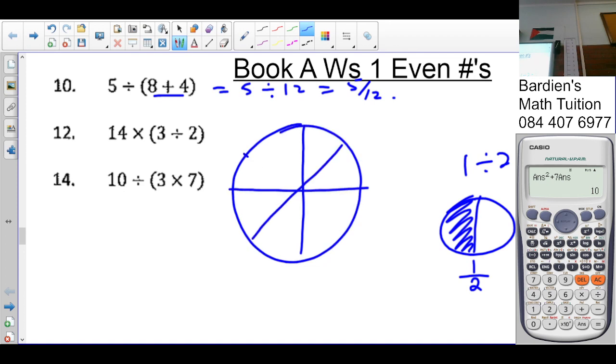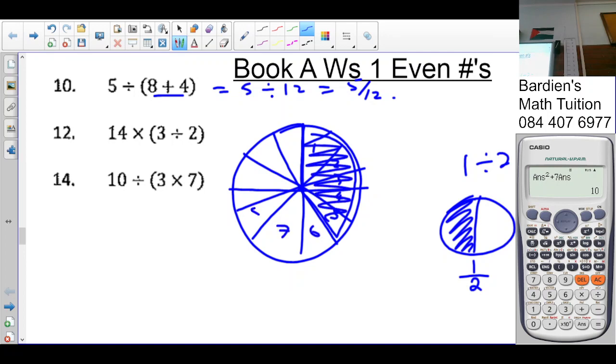Let's say that is 12, evenly divided, and you say it's 1, 2, 3, 4, 5. How do we represent that? This is 5 out of, or 5 divided by 12. 5 out of 12 parts are shaded. That is why it's written like that. You understand? Okay.